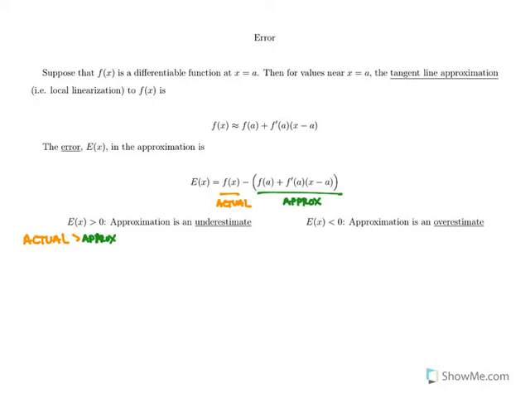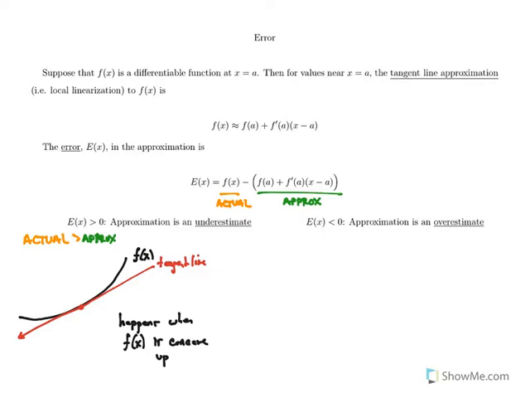And that's going to happen if we have a function that may look like this. We have our function, we have our tangent line, and the tangent line lies below the function. And this happens when f is concave up.